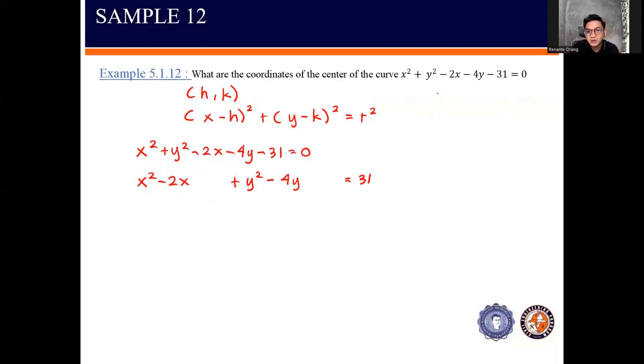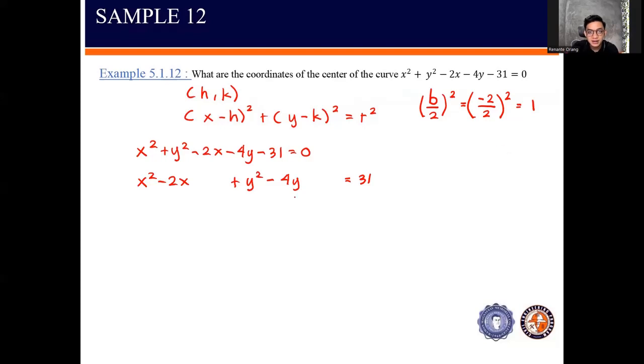For completing the square, that is b over 2 in parentheses squared, which is equivalent to negative 2 over 2 squared. Therefore, that is negative 1 squared, and negative 1 squared is positive 1. So that is 1 here.